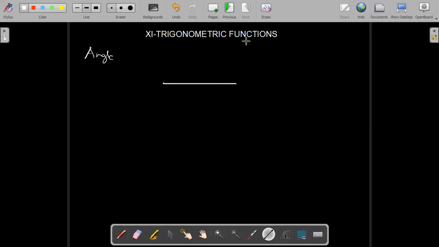Initial side, okay? And if you move this side and you will stop here, this is called the initial side, and this is called the terminal side.